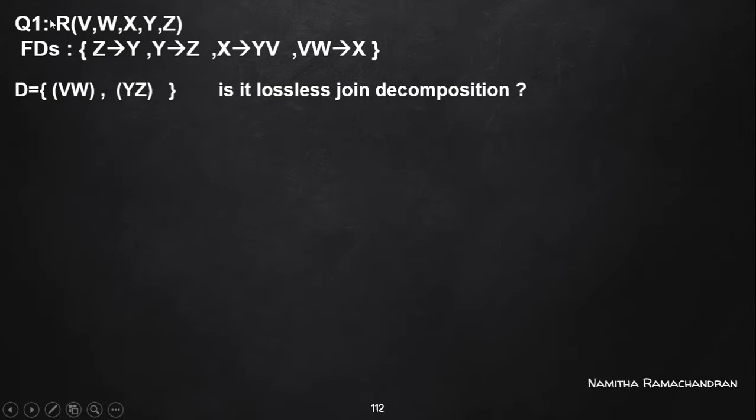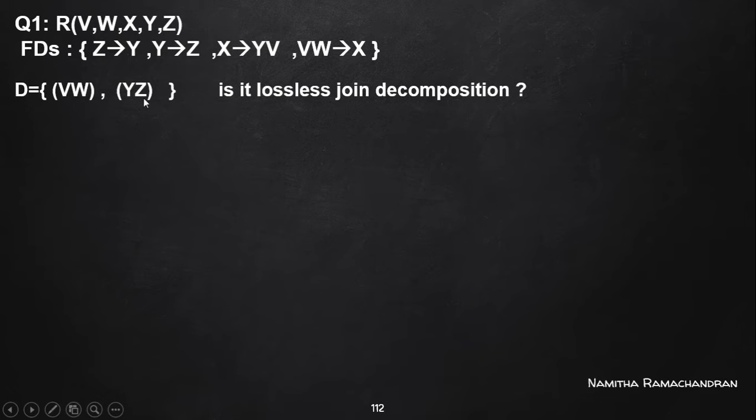Now consider one example. R is a relation with attributes V, W, X, Y and Z. These are the functional dependencies over this relation R: Z implies Y, Y implies Z, X implies Y and VW derives X. And the decomposition is like this: VW and YZ.